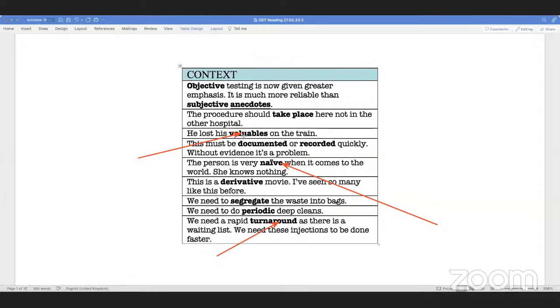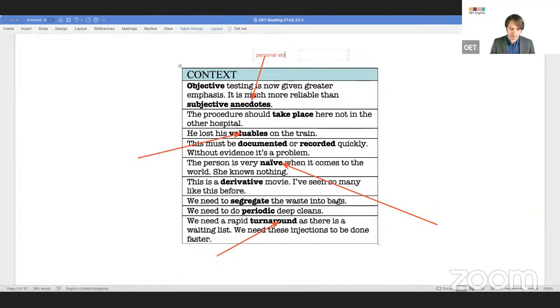Okay. If I tell you a story, and it's just my experience, what is that? Anecdote. This means a personal story. Okay, personal story. Should we base science and medicine on personal stories?